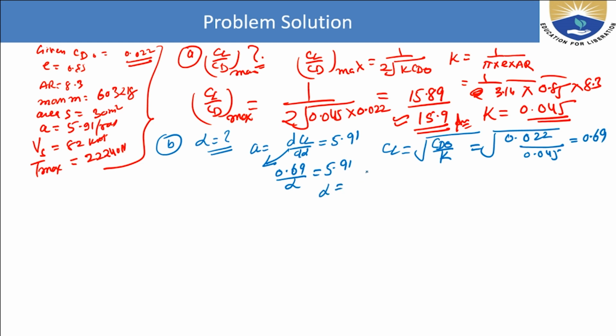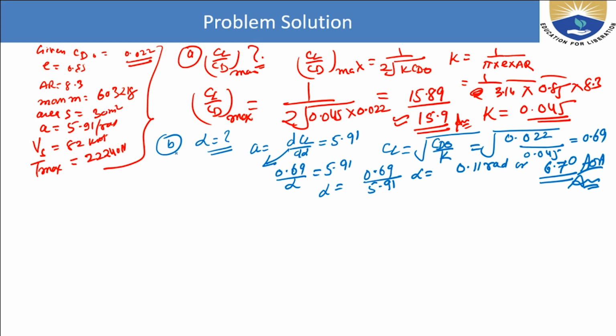So alpha is equal to 0.69 by 5.91. So you will get this alpha is equal to 0.11 radian or 6.7 degree. So this is the angle of attack answer. This is part b.